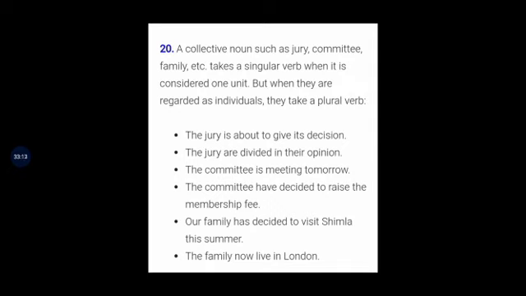But when they are regarded as individuals, they take a plural verb. The jury is about to give its decision. So the jury is used here as a single unit. The jury are divided in their opinion.